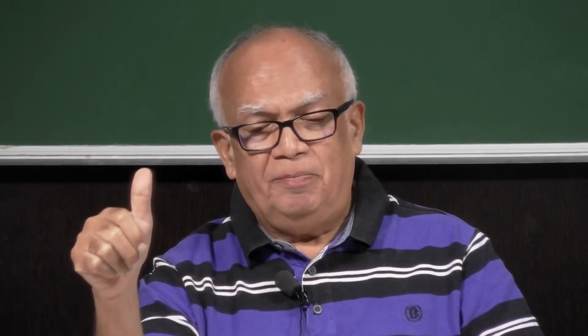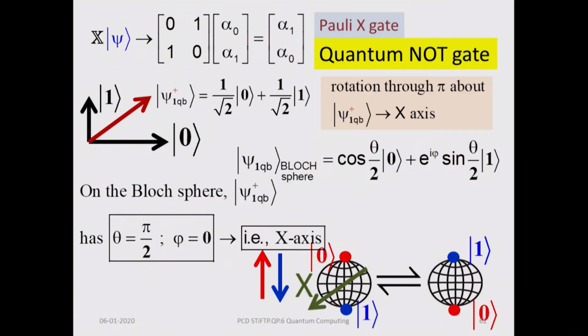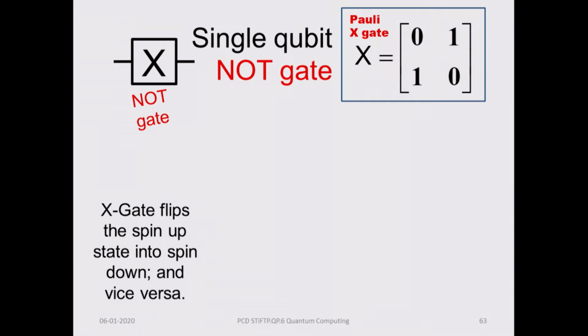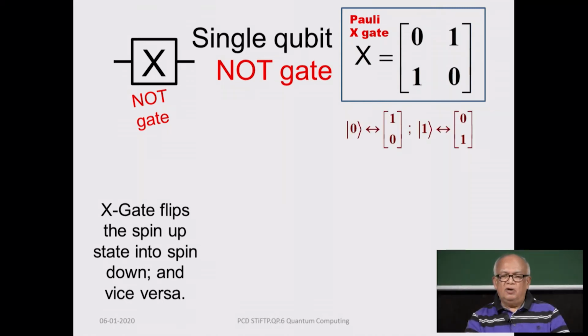So you get either spin half up or down projections with reference to some axis of quantization. So you have got the up which goes to down and vice versa. So this is your single qubit NOT gate represented by the Pauli X matrix, right? What it does is to flip the spin up into the spin down and spin down into the spin up state, right? So that is the quantum NOT gate.